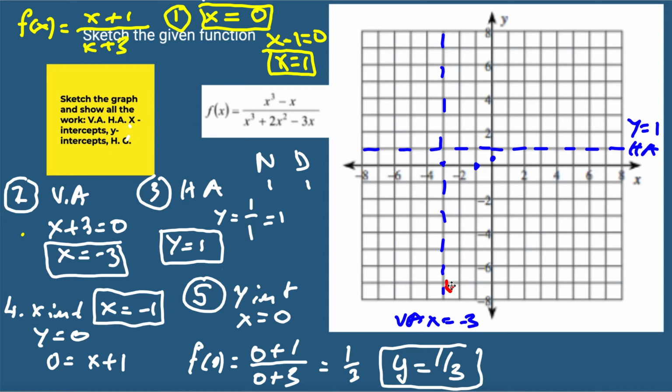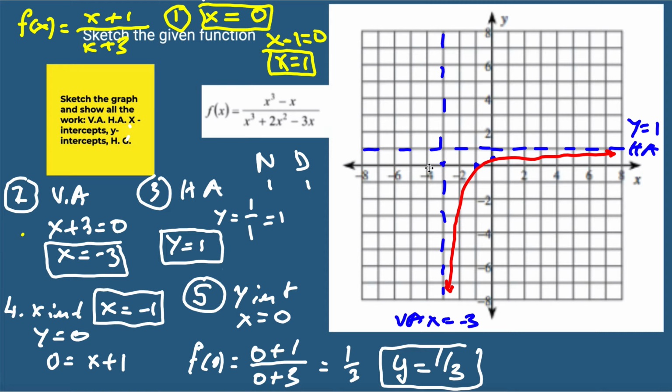Here the end behavior of the graph is going near the vertical asymptote, and now we connect those 2 points. And here the end behavior of this function goes closer and closer to the horizontal asymptote.